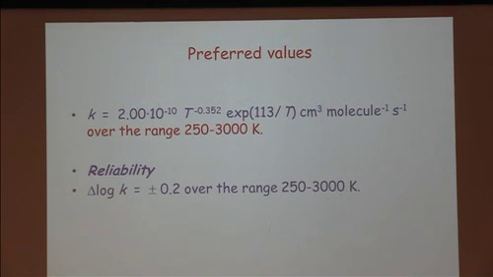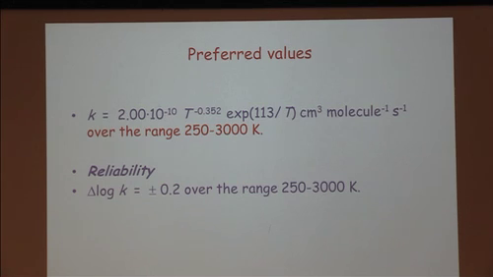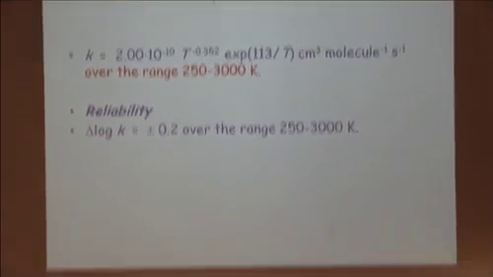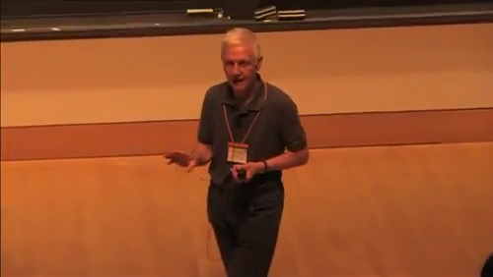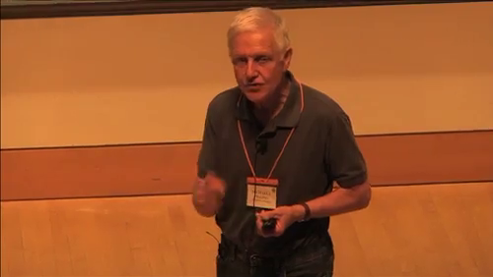Now, a key thing here is that this uncertainty is not based on any statistical analysis. It's a sort of feeling that the evaluator has about just how good this rate constant is likely to be. And this is a crucial point, as we'll come back to later on.